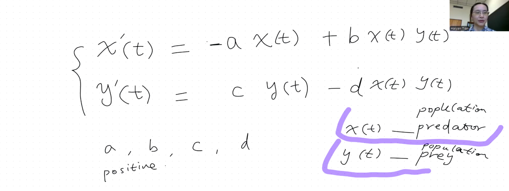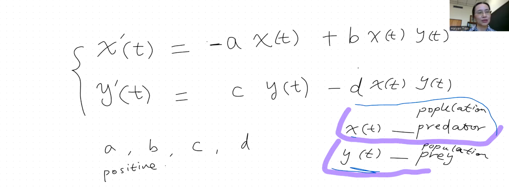I want to remind you the meaning of x and y. Remember in the first equation, x as a function of t represents the population of the predator at time t. The function y of t is the population of prey at time t. So they're both functions of time.